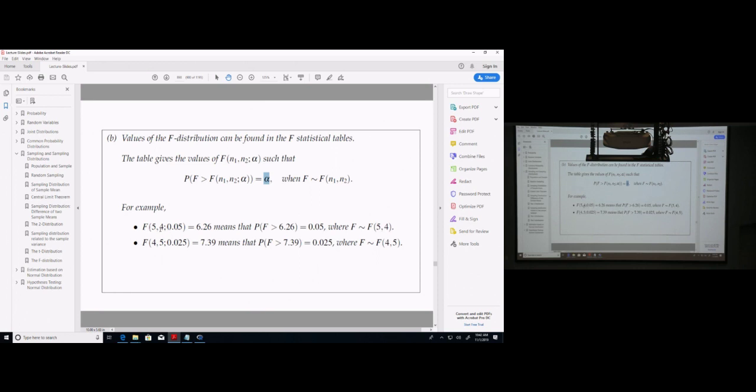So now this is a little bit tricky. In our table, I think we put the first degree of freedom of the F distribution as the rows, and then the columns correspond to a different degree of freedom of the denominator.